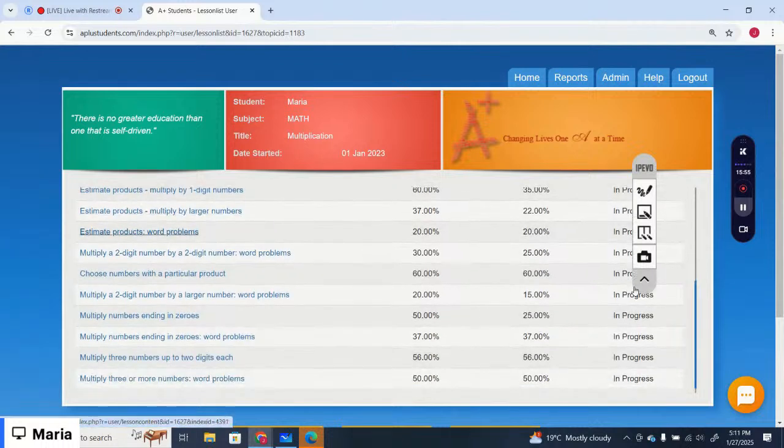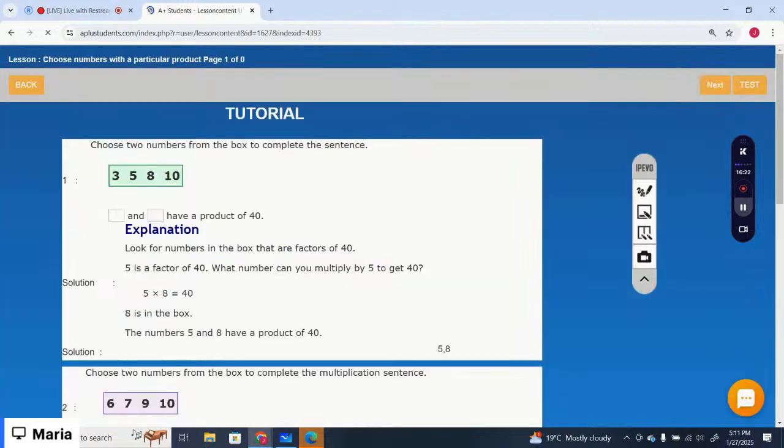The next lesson is choose numbers with a particular product. Choose two numbers from the box to complete the sentence. Which two numbers have the product of 40?